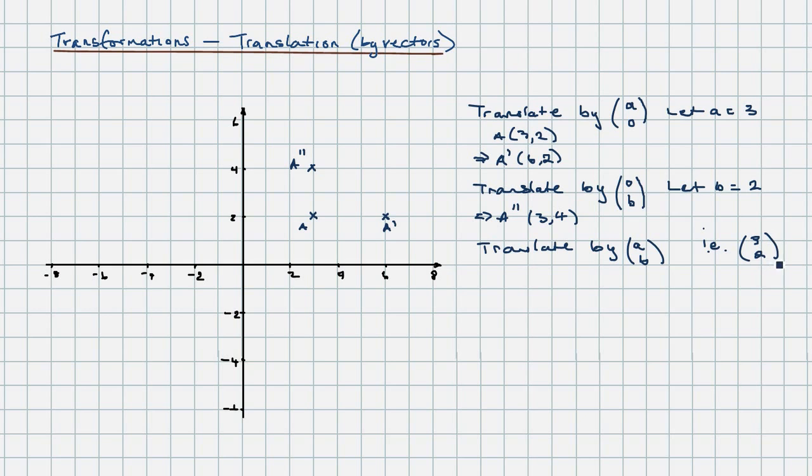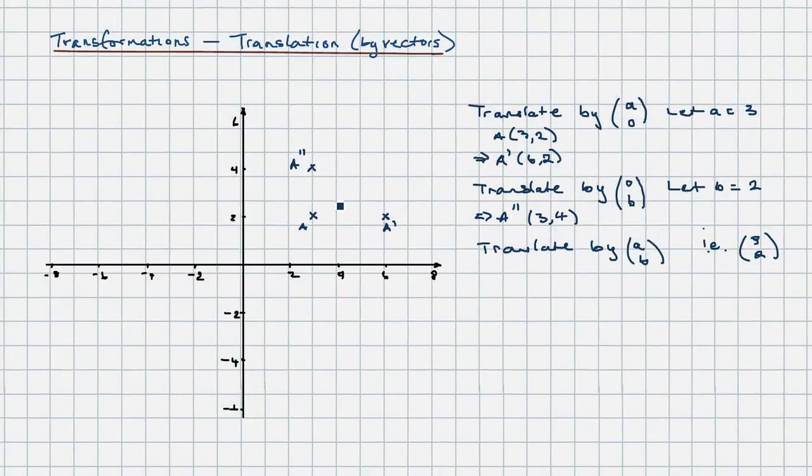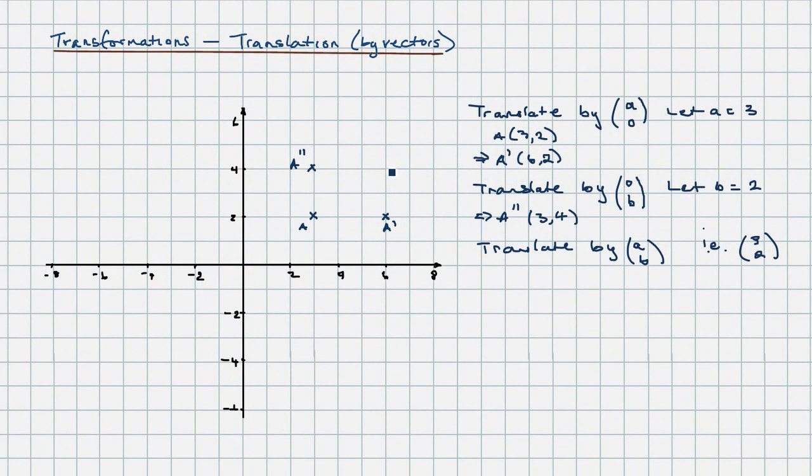So where's that going to go? Again, let's move the coordinate plane along 3, up 2, and that will take it along the vector here. Let's see if we can trace that to there. So let's call this A prime prime prime, which gives us coordinates 6, 4.